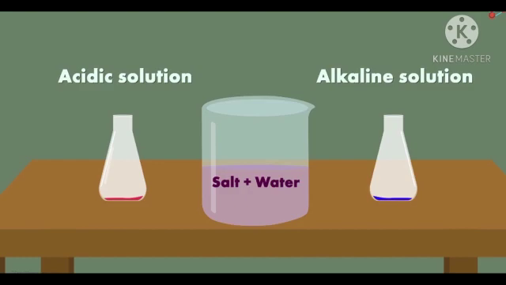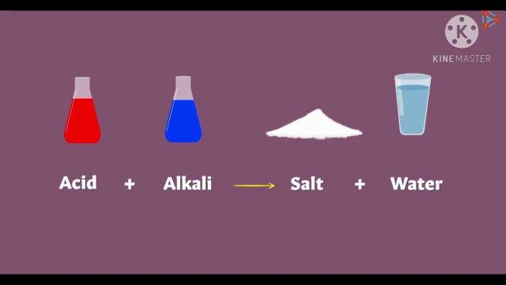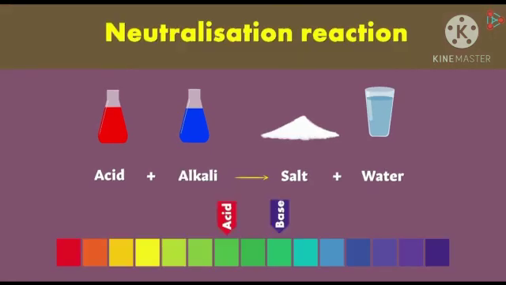Let's do one activity. In one beaker we will take acidic solution. In the other beaker we will take alkaline solution. We will pour these two in one beaker. Then we will get salt plus water. Does it always happen like this? Let's do it. Yes, it always happens like this. When acid and alkali mix, we get salt plus water because it is a neutralization reaction.